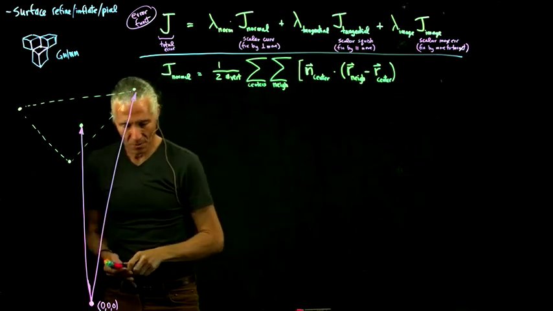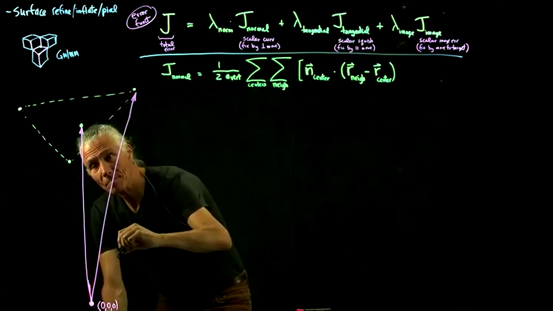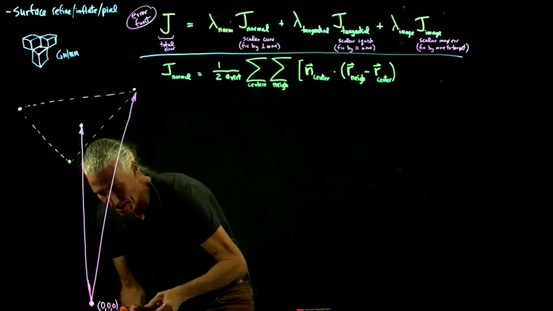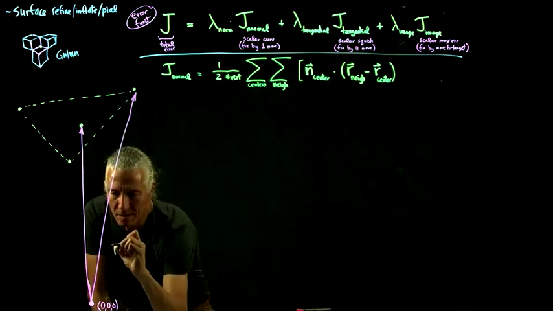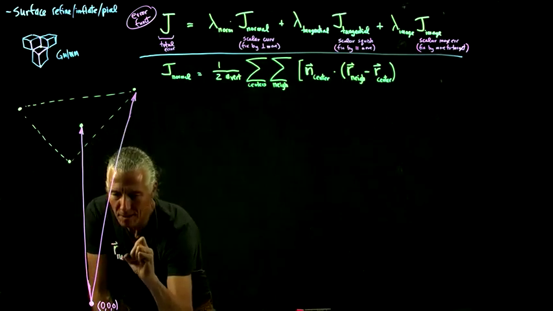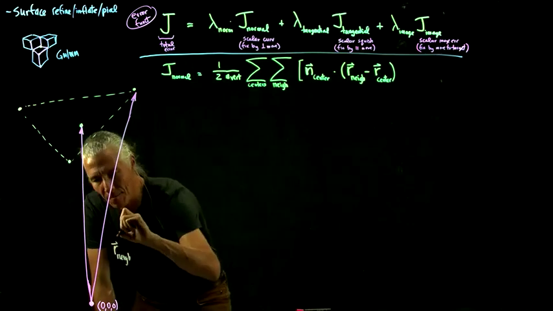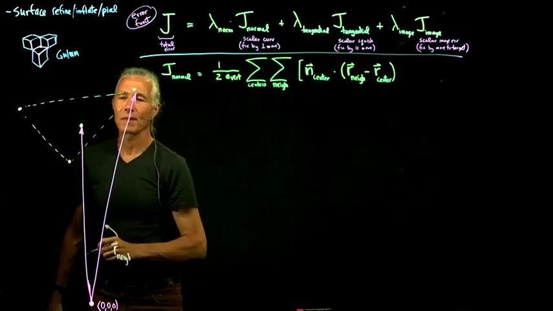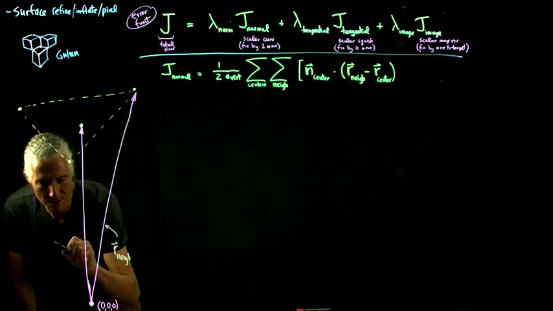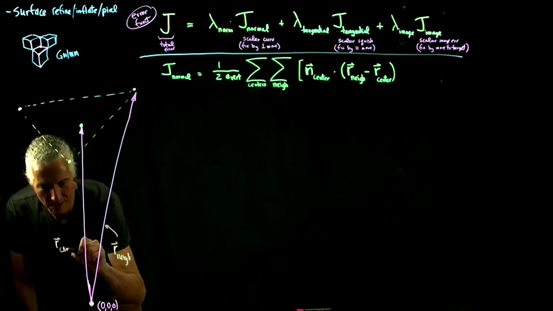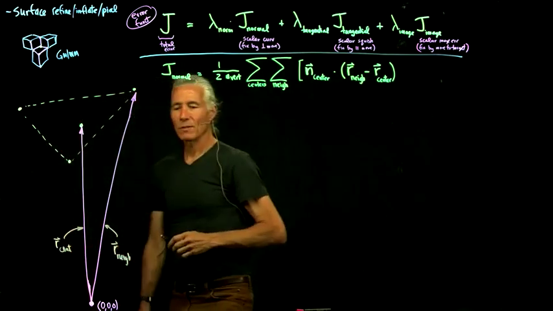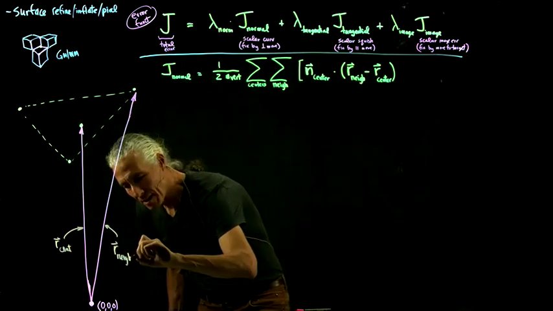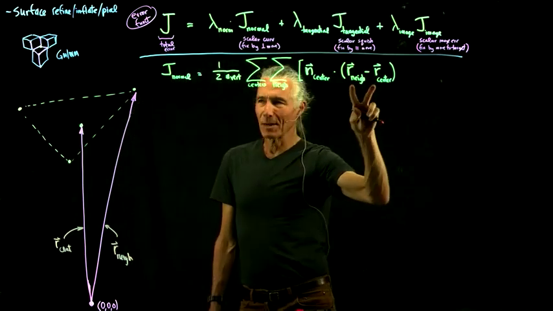So this is the vector that goes from the center of the coordinate system to the neighboring vertices, and here's the vector that goes from the center of the coordinate system to the center vertex. And so this subtraction is a little confusing.